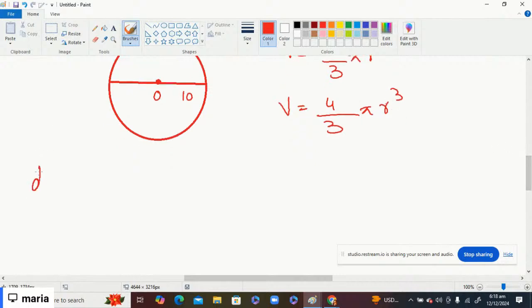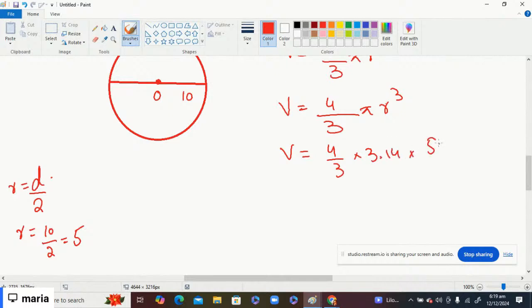Because as we know that radius is equal to, you're going to divide diameter over the 2. Okay, 10 over 2. So this is 5. So volume is equal to 4 by 3 times 3.14 times 5 cube. Understand? This is the way that we get our answer if the diameter is given. In most of the questions diameter is not given, but if the diameter is given, okay, so you're going to find out the radius by using this.